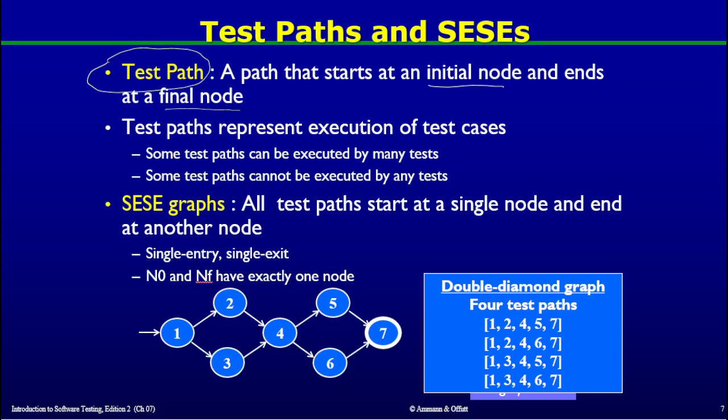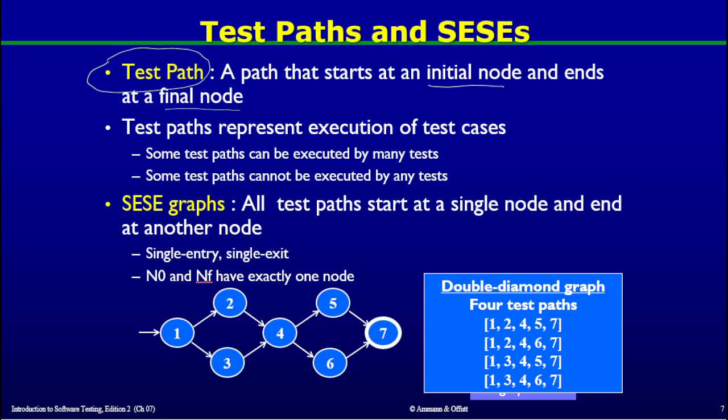So a test path generally is some input given at the entry point of the program, and we want to see what happened in response to that input, which we see at the exit point or output point of the program, represented as a final node in the graph.